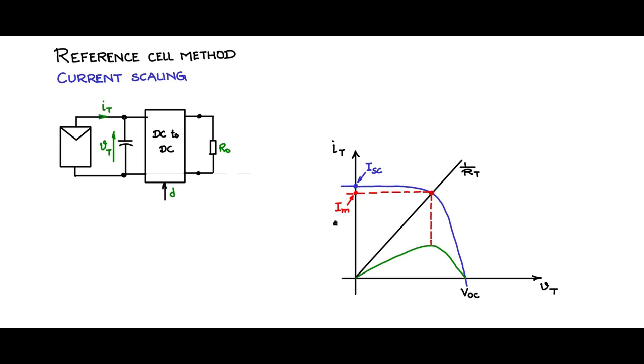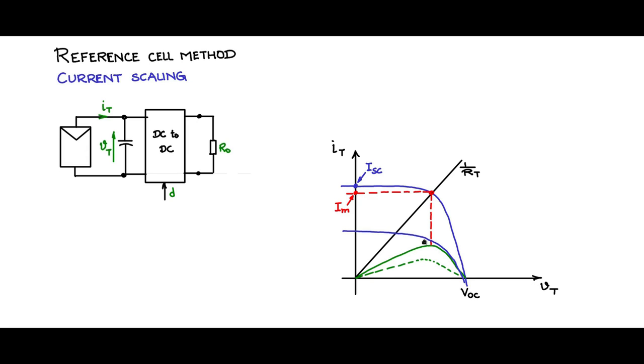Now suppose the insolation varies, so we have the changed characteristic for a different insolation. The ISC point varies linearly, whereas the VOC point varies logarithmically. For this insolation, I will draw the power curve dotted like this, and you have the maximum power point somewhere here.